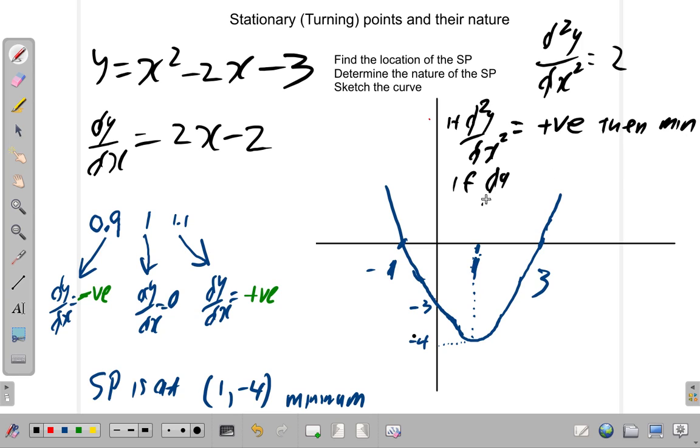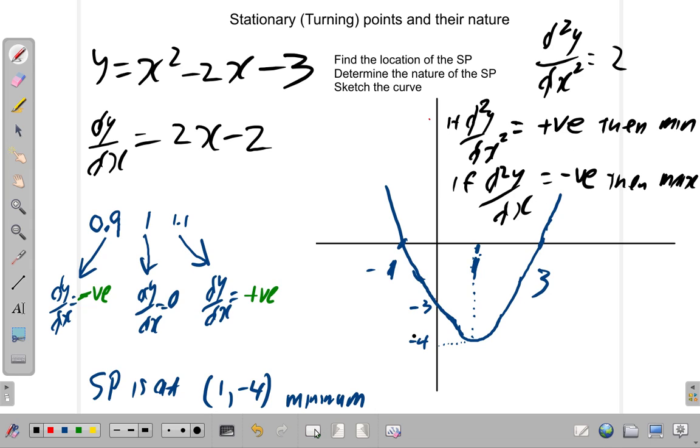If d squared y by dx squared is negative, then you have a maximum point.